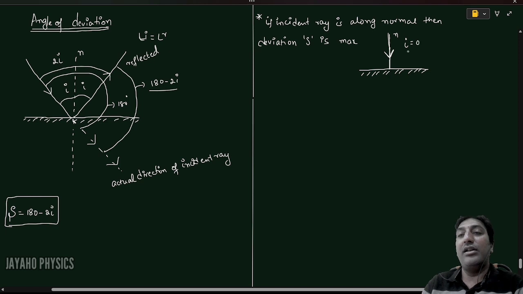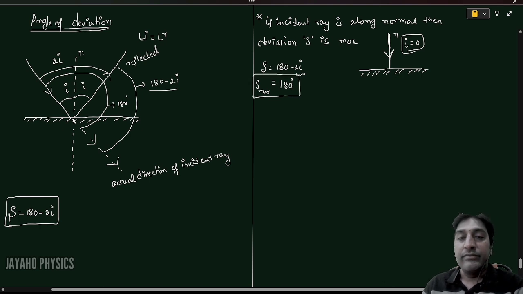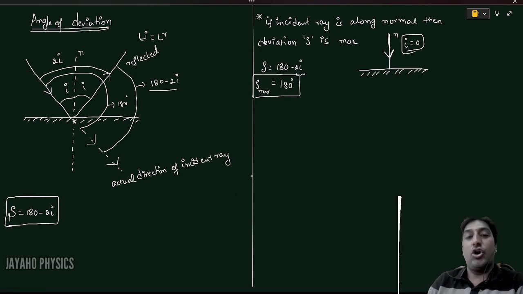So what is the value of i here? i is equal to 0. Then delta is equal to 180 minus 2i, and with i equal to 0, delta is 180 degrees, which is the maximum. Delta maximum is 180 degrees when the incident ray is along the normal.